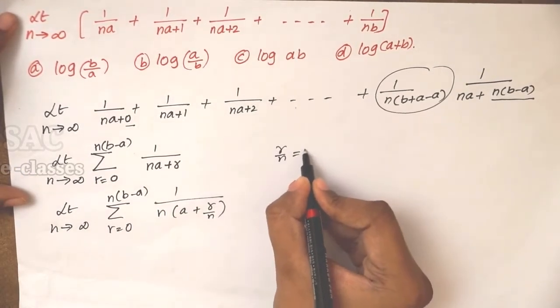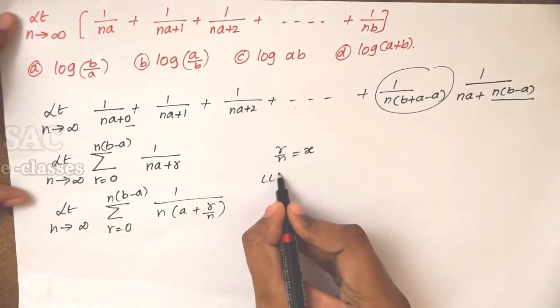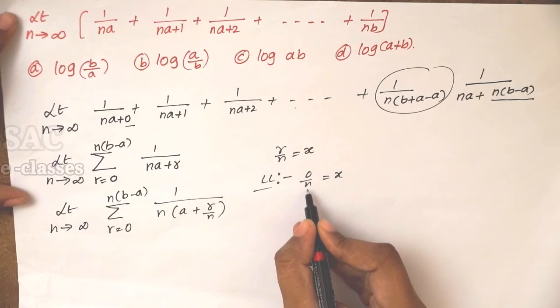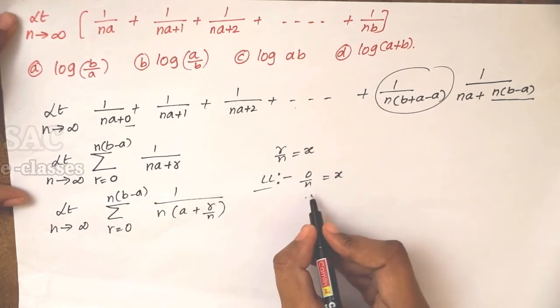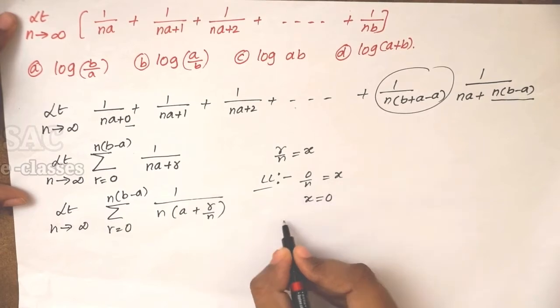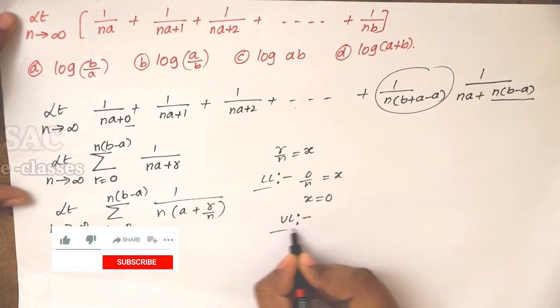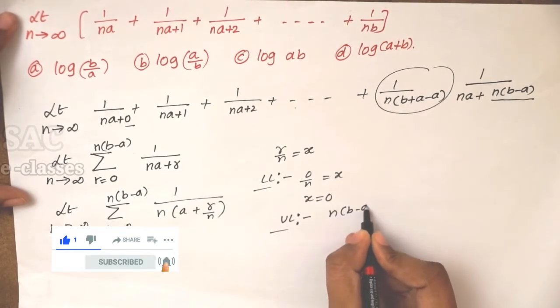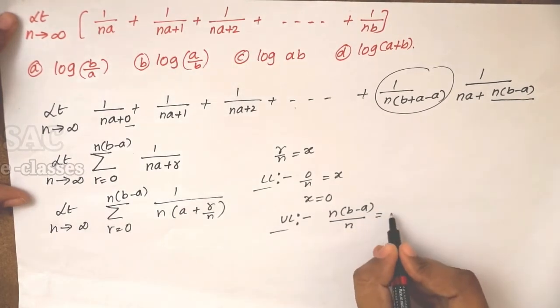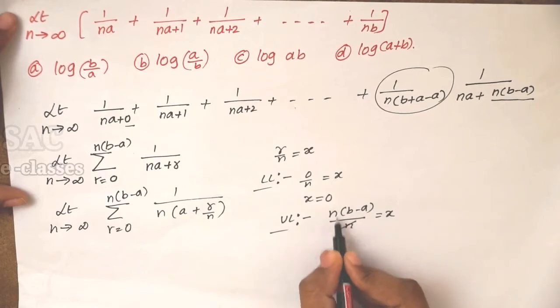Choose that r by n as x. Apply the lower limit, 0 by n. We know that 0 by n is nothing but 0 by infinity, which is 0 itself. Coming to the upper limit, n into b minus a by n, which is equal to the upper limit b minus a.